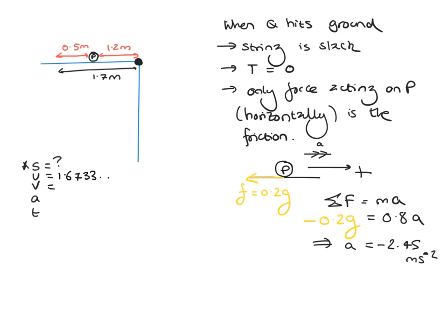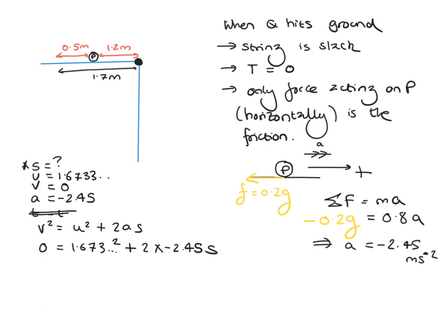So let's find out how far P travels before it actually comes to rest. The acceleration is negative 2.45. We've just calculated that, and we don't know what the time is, and I think we're not going to use that variable. So v squared equals u squared plus 2as again. So 0 equals 1.673... squared. Using full calculator accuracy, remember, careful here because I know that s and 5 can look a little bit confusing.